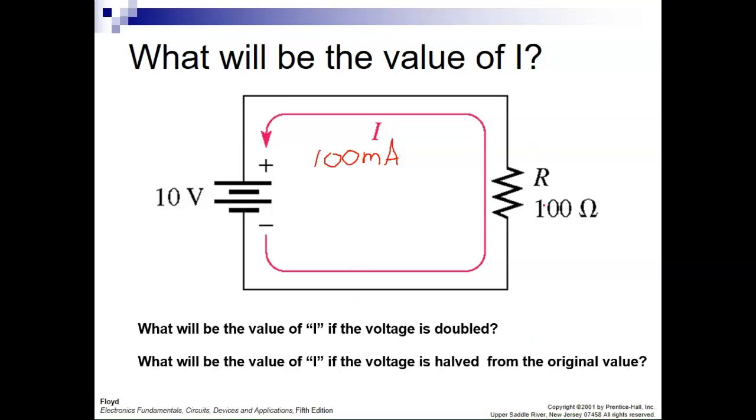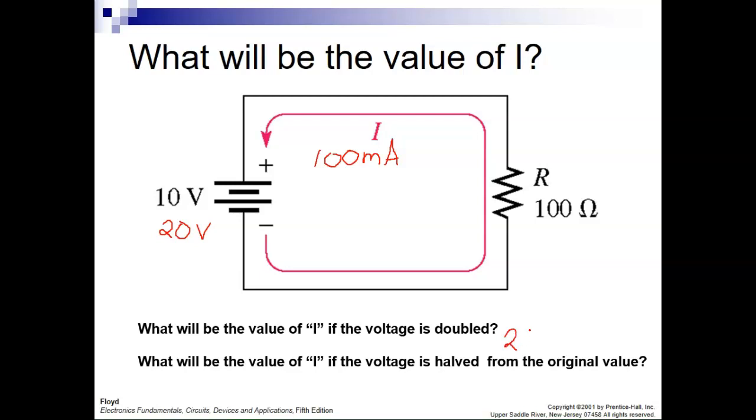If resistance remains the same, when you increase voltage, what happens to your current? If I change this to 20 volts, and change resistance to 200, nope, resistance will remain the same. If I increase my voltage to 20, my resistance stays the same.